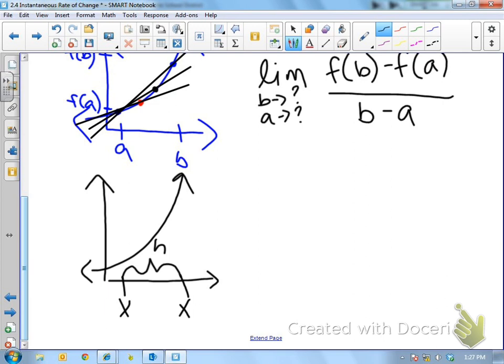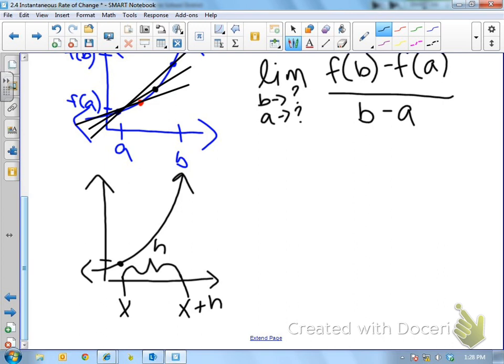So if this is x, and we have a distance between these two things, what would this one be? X plus h. If this was 3 and this was 5, 3 plus 2 would get us to 5. So if we just add that distance between the two, then we have some new notation where h is considered a constant because it's always just the distance between where we start to where we finish.